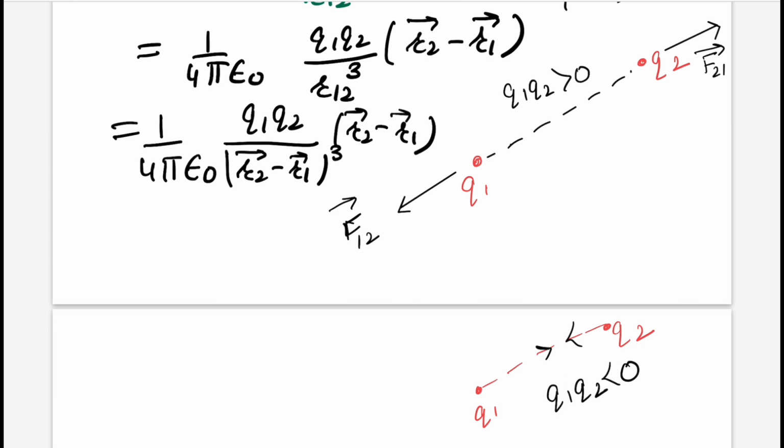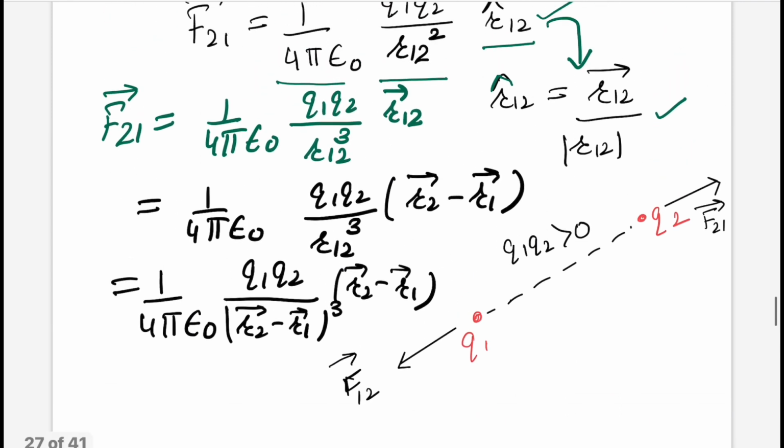So this thing is called the Coulomb law in vector form. This particular expression of F is the Coulomb law in vector form.